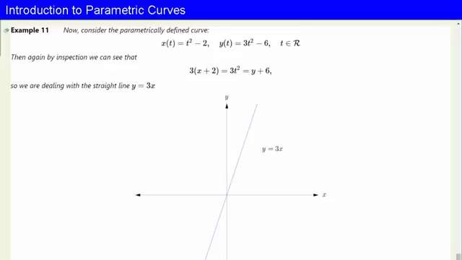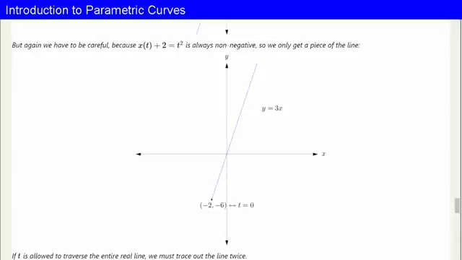So you are dealing with the straight line y equals 3x. But again, you have to be careful, because x of t plus 2 equal to t squared is always non-negative. So you only have a piece of the line starting at the point minus 2, minus 6 corresponding to t equals 0 and moving to the right.